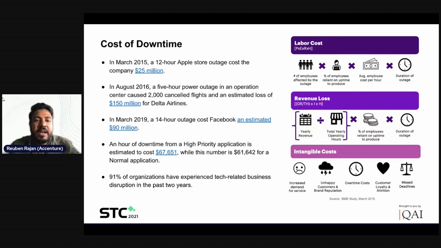But as we are entirely dependent on them, it's important that we harden our systems against such faults, both external and internal. And we've also seen that the intangible cost of a downtime far outweighs, and compounds, the tangible cost of a downtime.